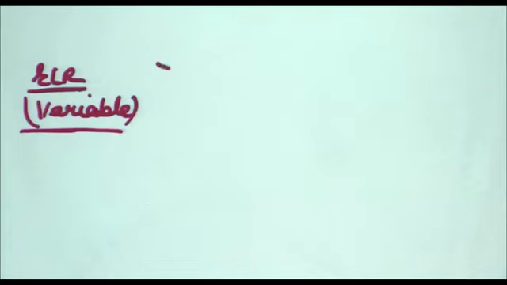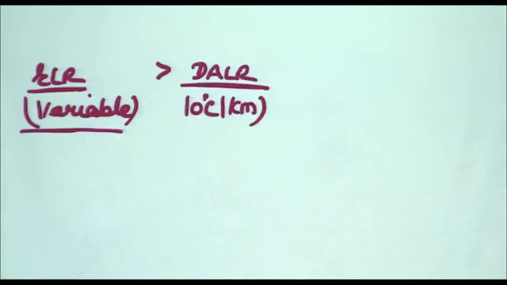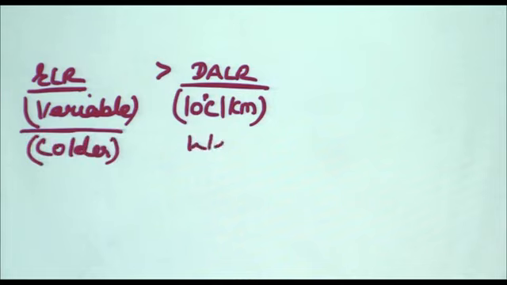If environmental lapse rate will be more than dry adiabatic lapse rate, what is dry adiabatic lapse rate? Steeper. What does that mean? Surrounding will be colder and rising air column will be warmer.